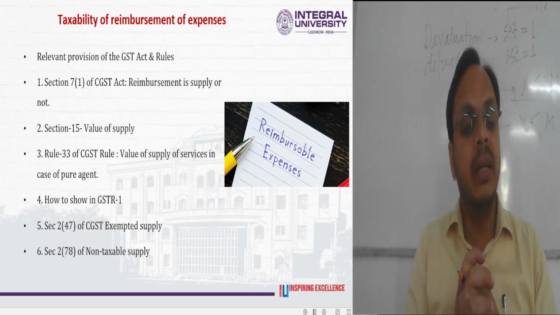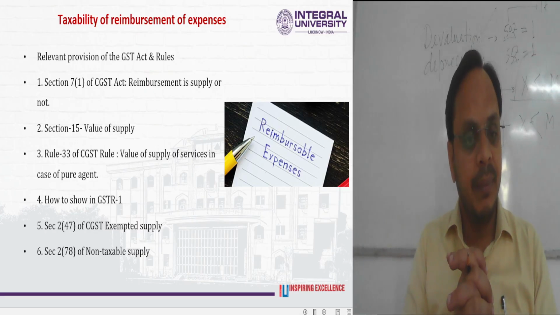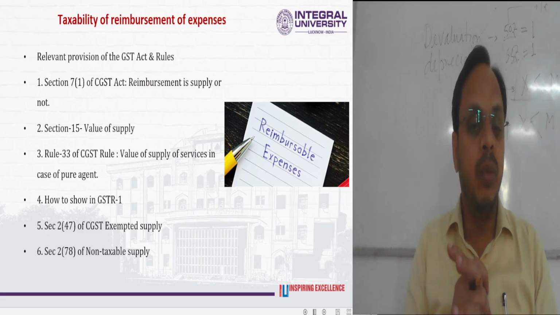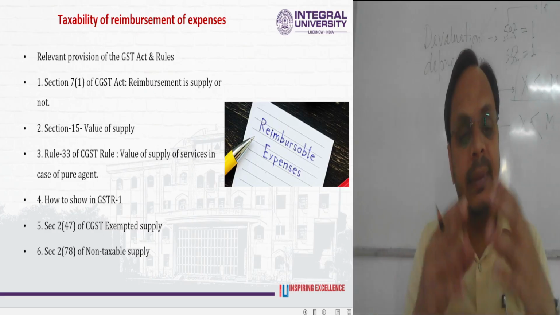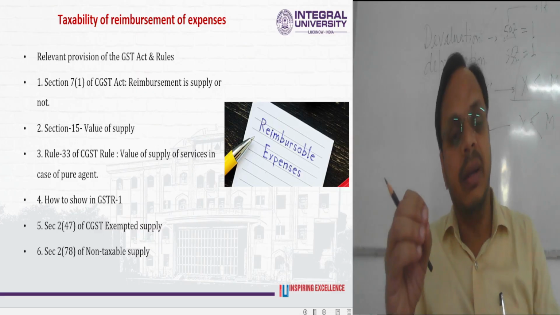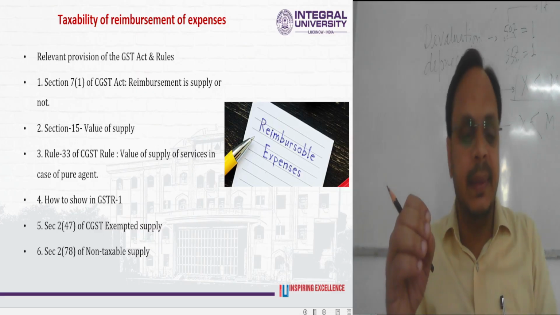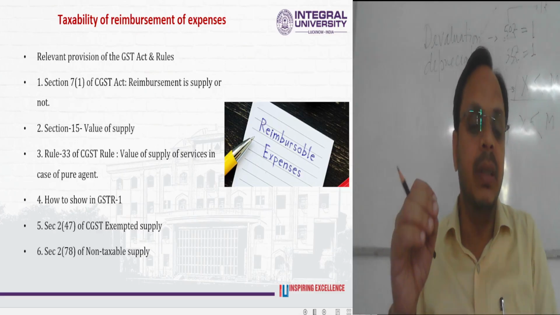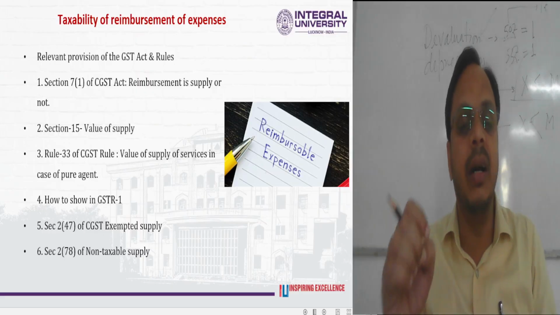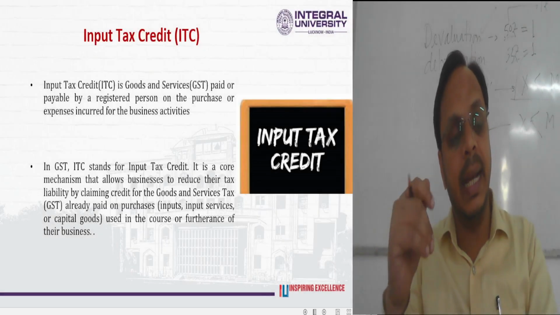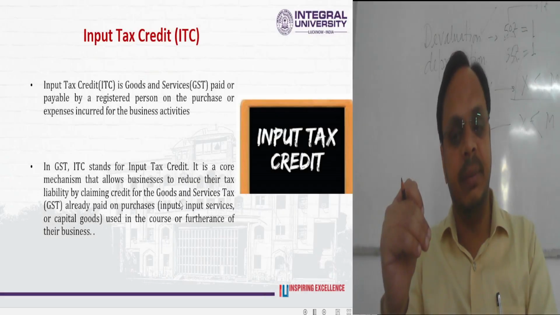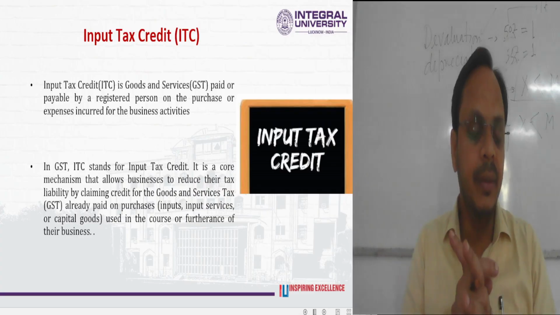Rule 33 of the Central Goods and Services Tax Rules covers the value of supply of services in case of the pure agent, which we discussed, and how to show it in GSTR. Section 2 subsection 47 of the Central Goods and Services Tax Act speaks of exempt supply, and Section 2 subsection 78 of non-taxable supply of goods or services. By following all this, we will find out the taxability of reimbursement of expenses. I hope that things are now clear.